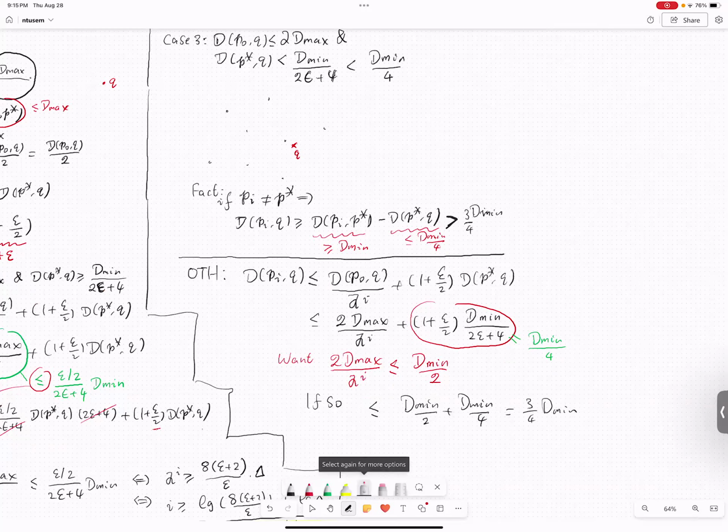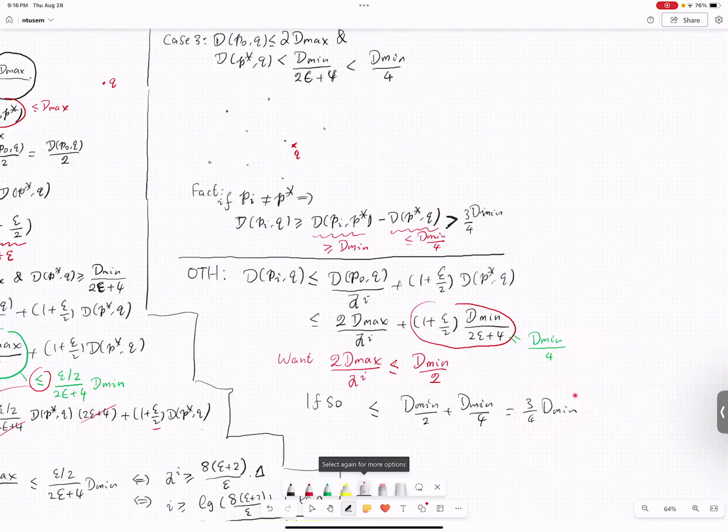Now here is something interesting. I said if P_i is not P star, then its distance will have to be strictly larger than 3 over 4 times d min. But after i becomes sufficiently large, the distance will be at most 3 over 4 times d min.